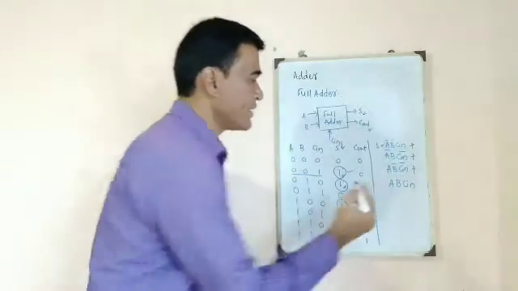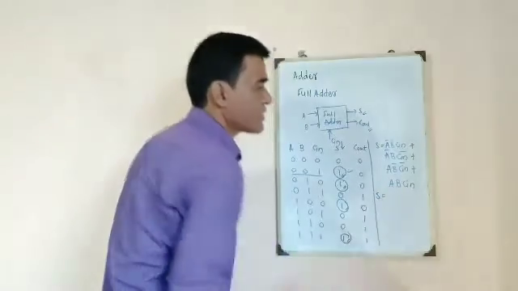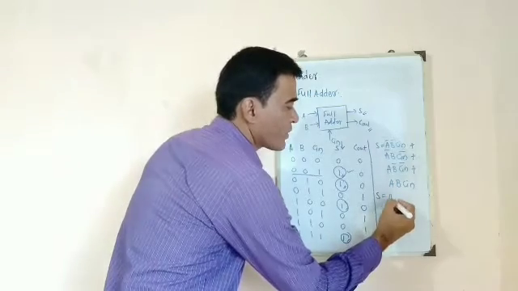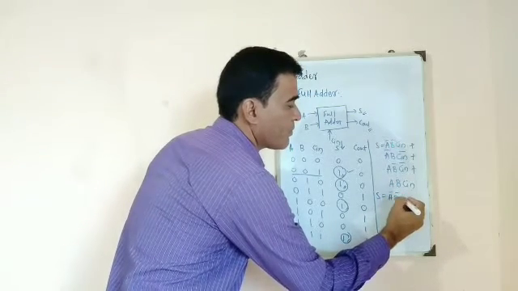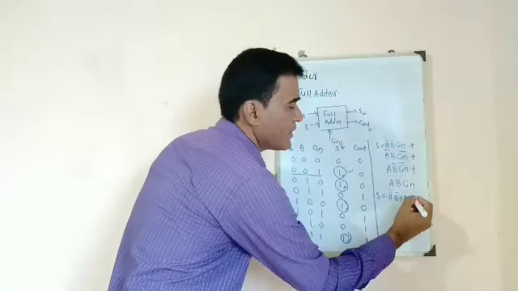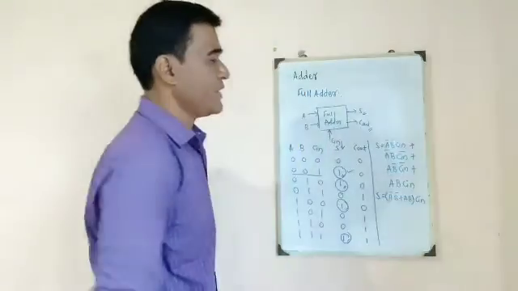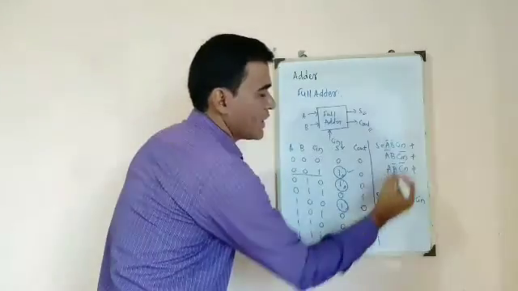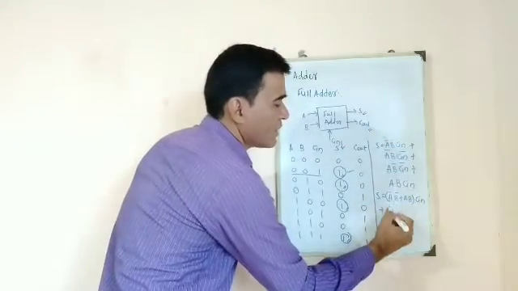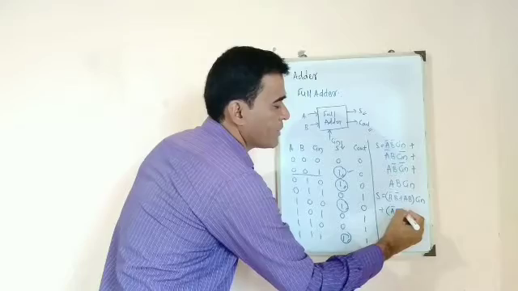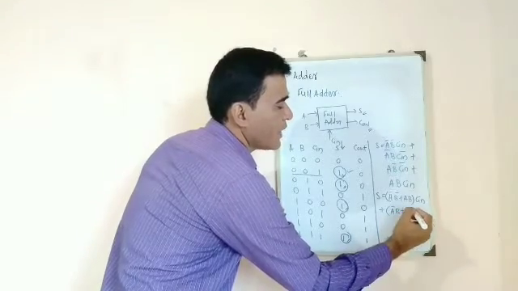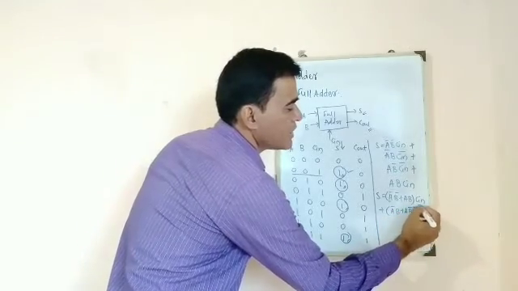Hence I can write the simplified expression for sum is equal to A bar B bar plus AB, multiplied by C in, plus, now here I can take the common C in bar, and the values are A bar B plus AB bar, into C in bar.